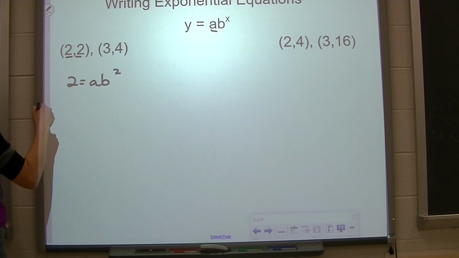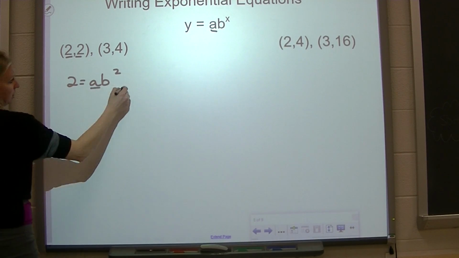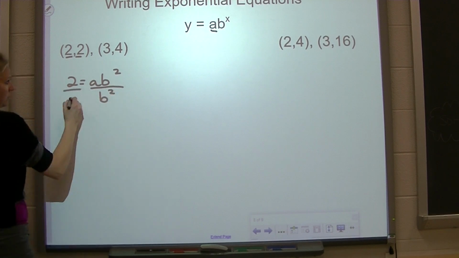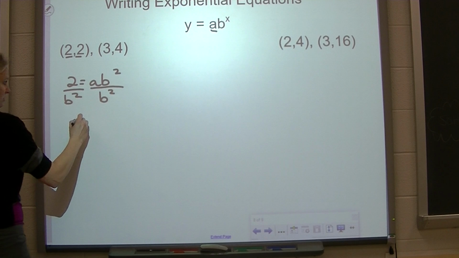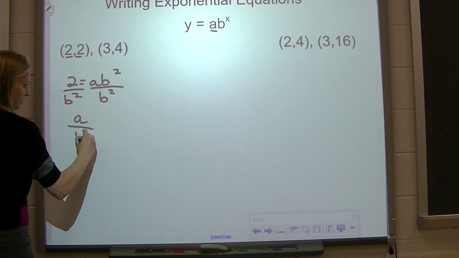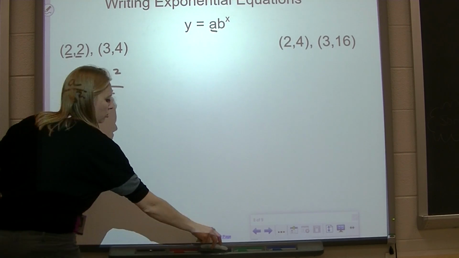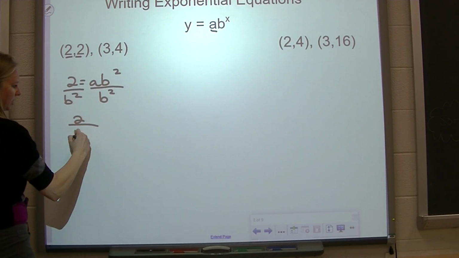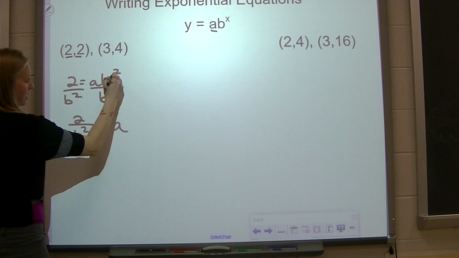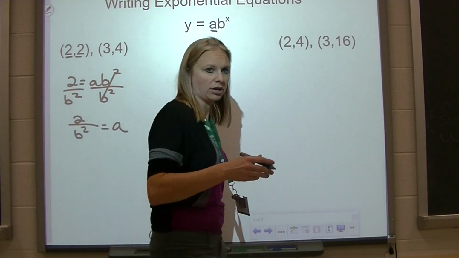To solve for a, we get a by itself, so divide both sides by b squared. So we'll have 2 divided by b squared equals a.